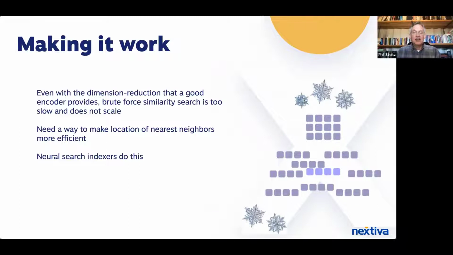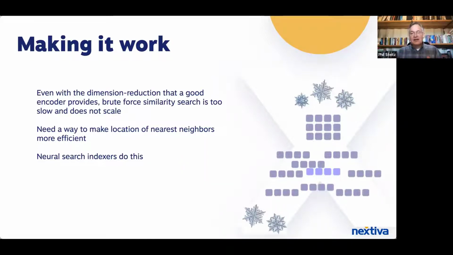Even when you get down to 512 element vectors in BERT encodings, and you have a decent sized search space, if my algorithm is to look at my query and then compare it to every single one of the potential things in the search space, which could be very large, and then find the ones that are closest to it, that's not going to scale well. It's going to be slow. It's really sort of unwieldy.